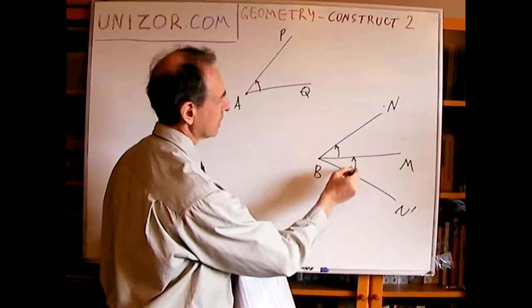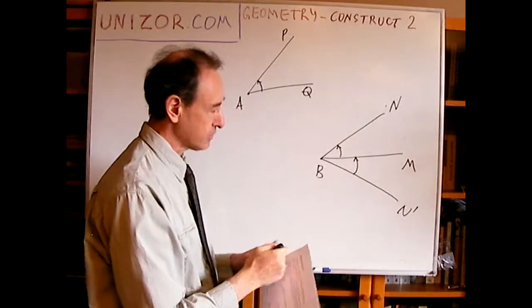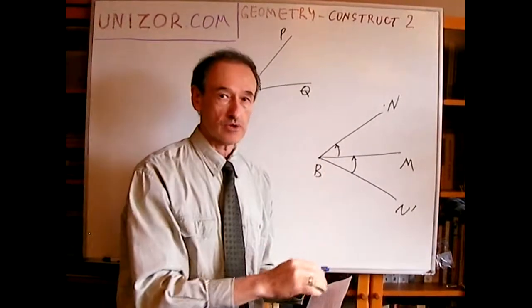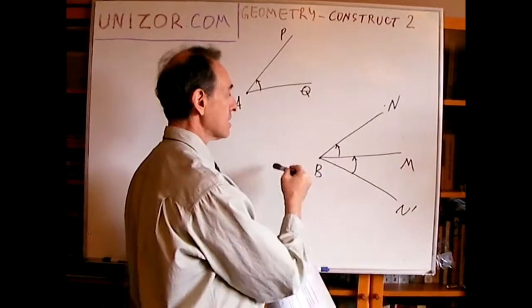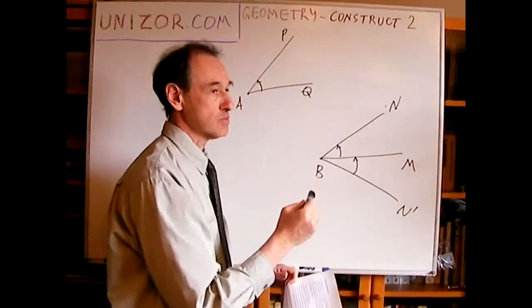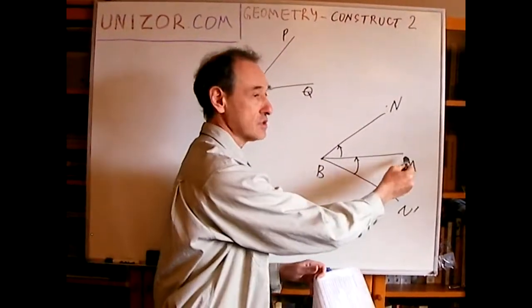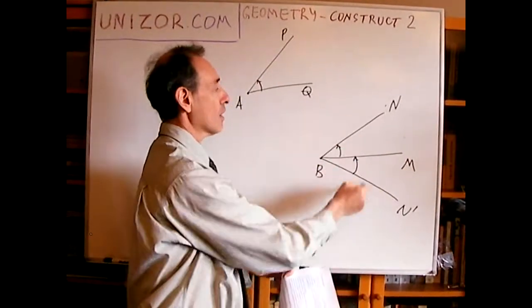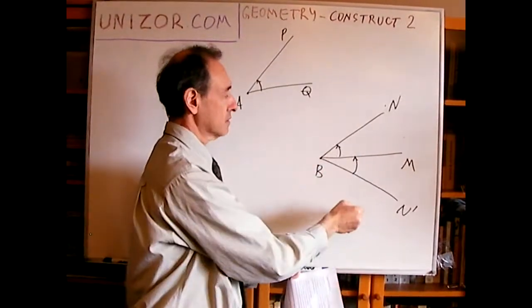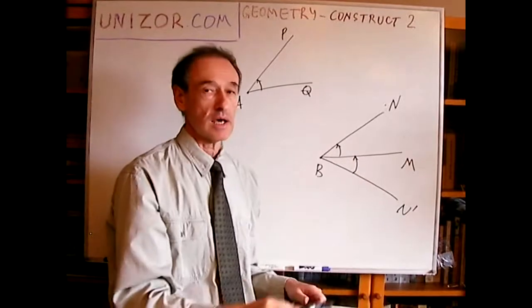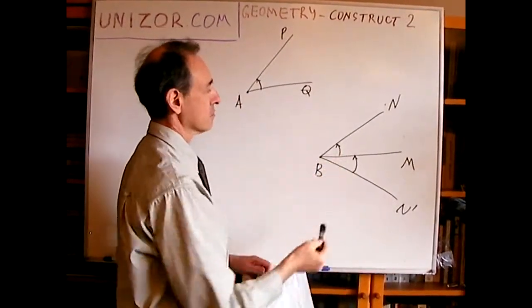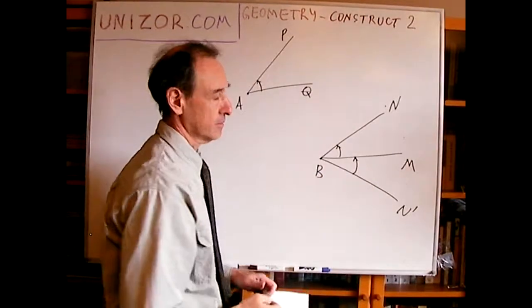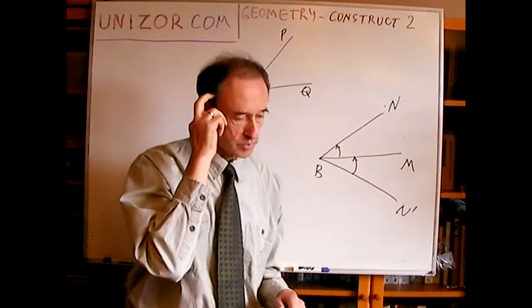You see, I put a little arrow to specify the positive direction of measuring the angle, counterclockwise. So even in this particular case, when I specify exactly one of the two rays, there are two solutions, on one side and on another side of the given ray, which give the resulting angle congruent to the one which I need.